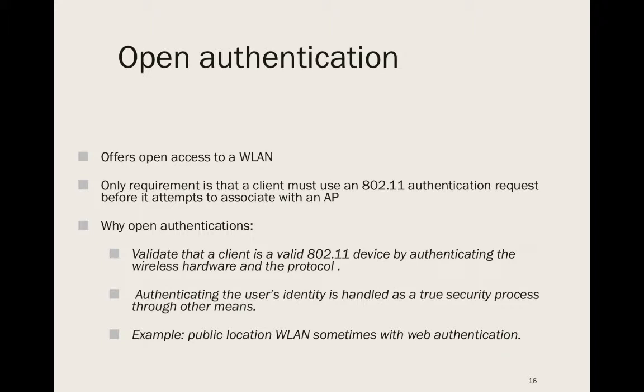One example is a public location WLAN. Sometimes they use web authentication, if you ever used it. With open authentication, like in an airport, you turn on the wireless connection on your mobile phone, choose the network SSID and connect. Then, if you recall, you have to open a web browser, tick some terms and conditions, and then you get the free access.